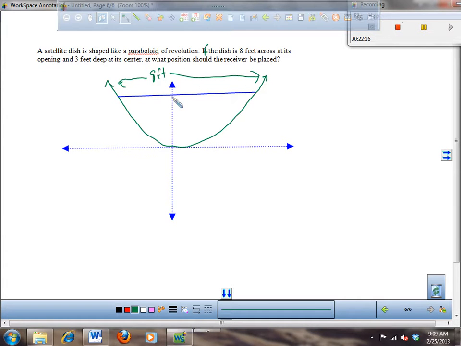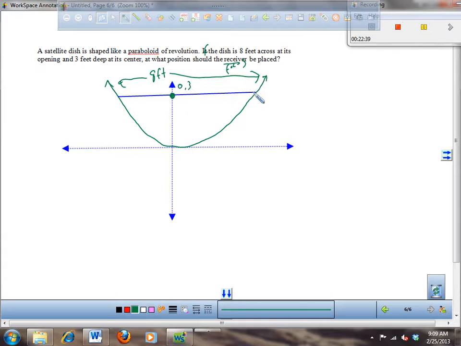And 3 feet deep at its center. So what that means is this point right here is (0, 3)? At its opening, 3 feet deep, at what position should the receiver be placed? So what they mean is where is the focus? Okay? So the focus is not right here at (0, 3).